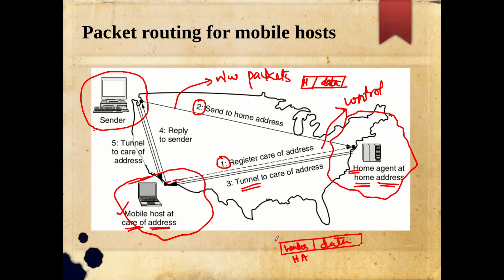Now we will take this header plus data, I mean the IP packet as a whole, and create a new network layer packet. In that new packet, the data field will contain the entire information sent by the sender. Then we add a header, and in that header there will be the care of address.